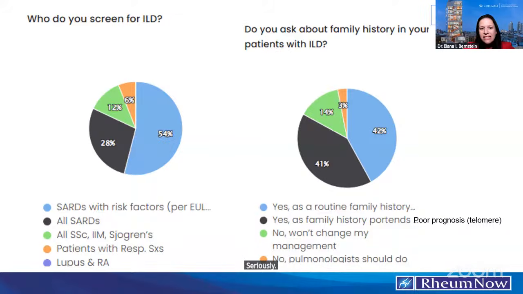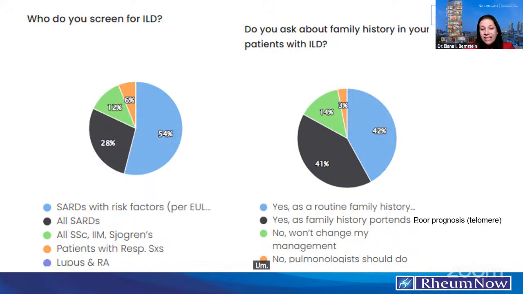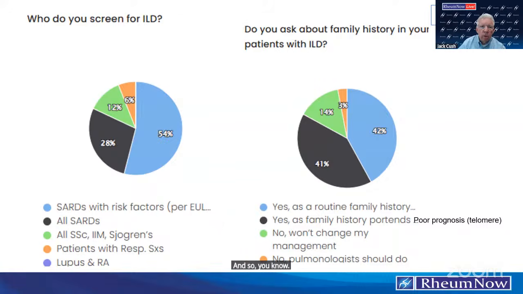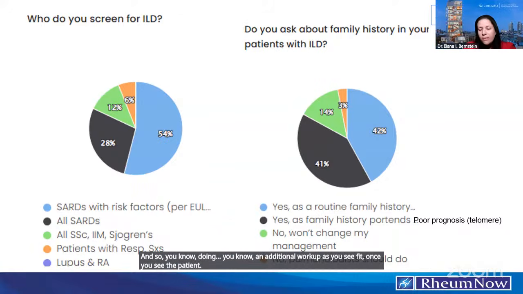It is reasonable to do a full evaluation of whether that patient has any other features going for a SARD, because ILD can be the first clinical manifestation of a SARD. Not as common, obviously, as arthritis, but it can happen. So doing an additional workup as you see fit once you see the patient is warranted.